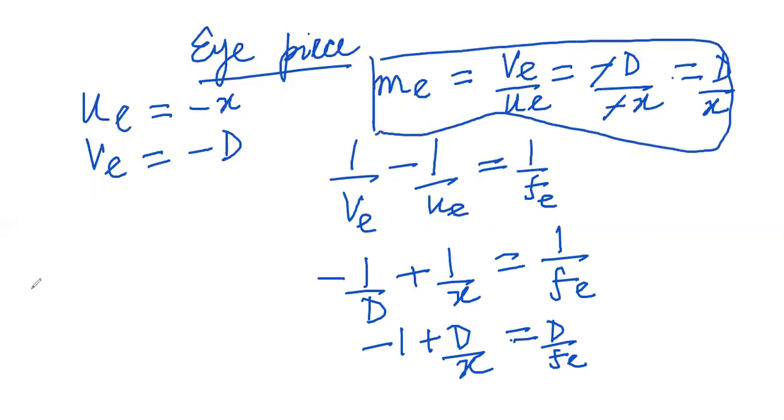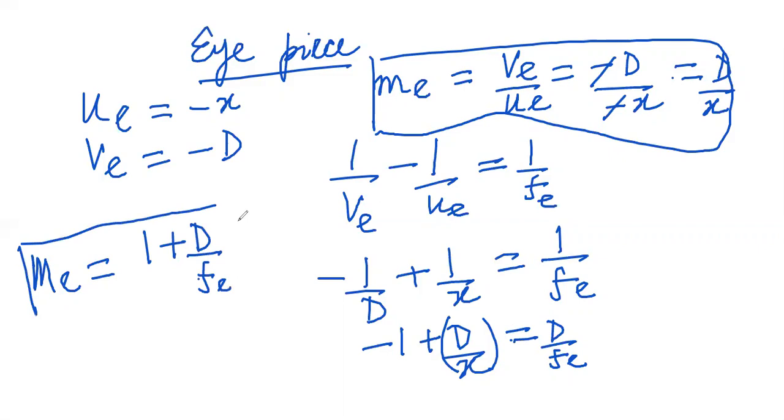So I can put ME, the magnification, equal to 1 plus d by Fe. So the magnification for the eyepiece is 1 plus d by Fe. This is a very important part we have done. This is the magnification of the eyepiece.